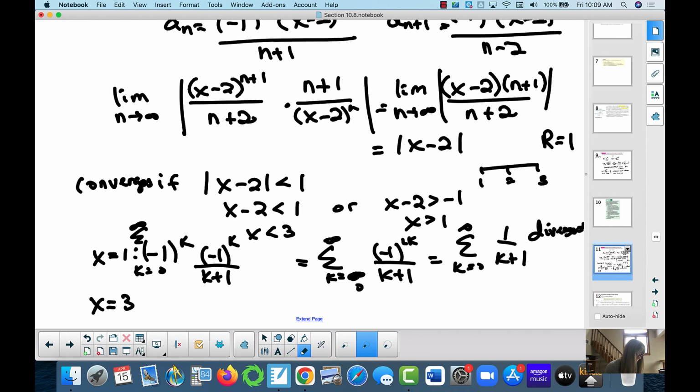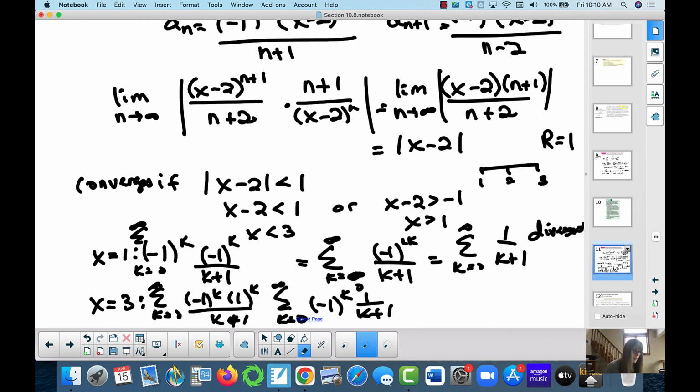If x equals 3, I have -1 to the k, and then 3 minus 2 is 1, to the k. So that's equal to an alternating harmonic series, which converges.